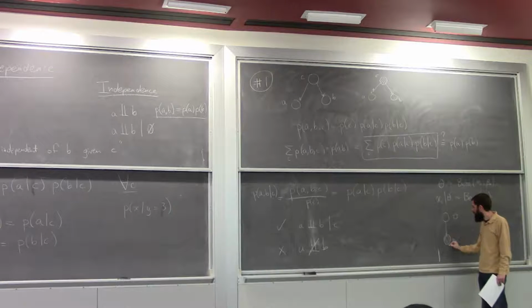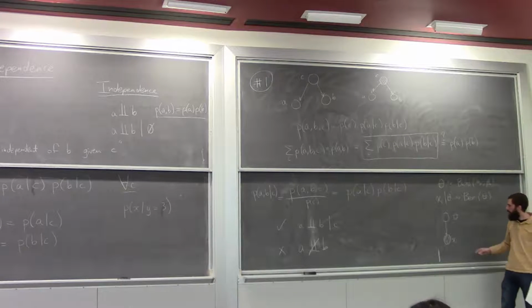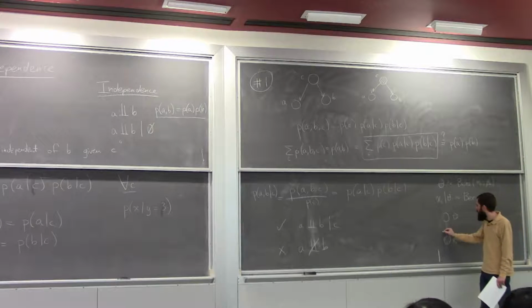It is typically the data that we observed. And there's more than one x_i, typically, right? So let me draw it, not with plate notation for the time being.